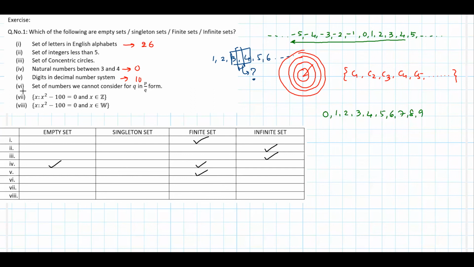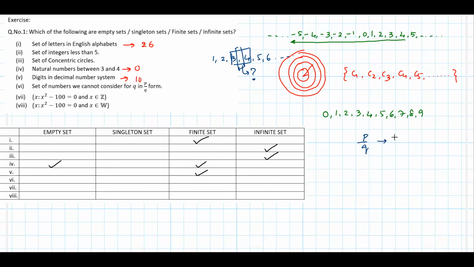That's it. Now, the sixth question. The sixth question is kind of interesting. Just follow this. Set of numbers that we cannot consider for Q in P by Q form. So our focus is on P by Q first. What is P by Q form?